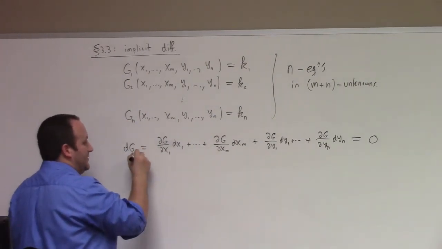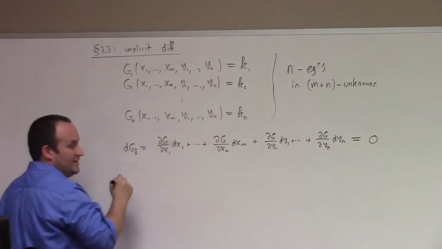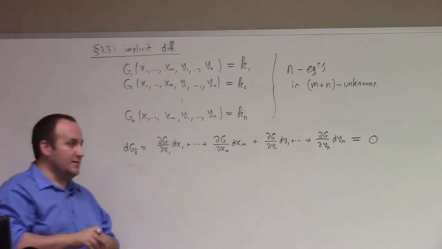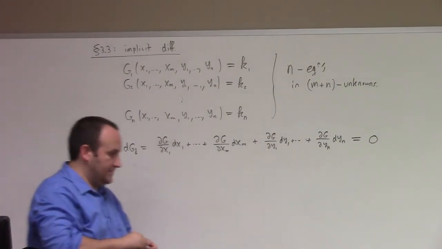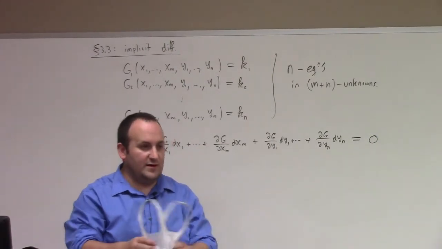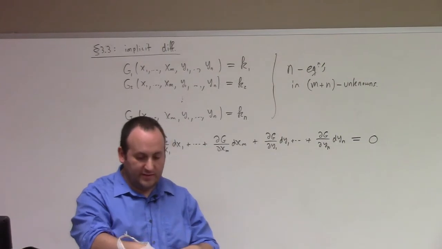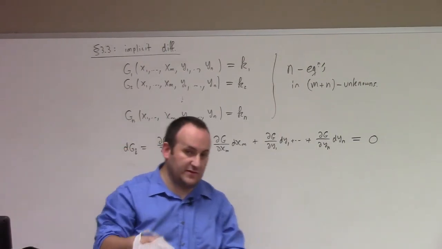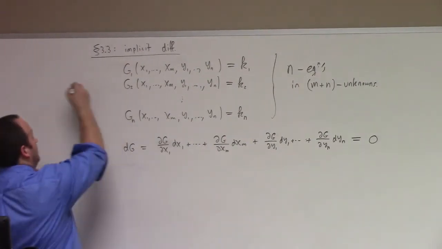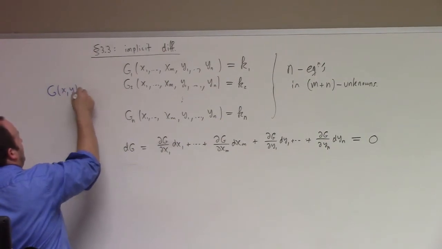We can take the derivative of the, let's say, ith component equation, right? And that I need to adorn with an index, if I'm thinking of this as a scalar equation. We could also think of it as a vector equation. That wouldn't be wrong. We could take the total differential of a vector valued function, and this would be totally legit if I just think of all of this collectively as g of x comma y equals k.